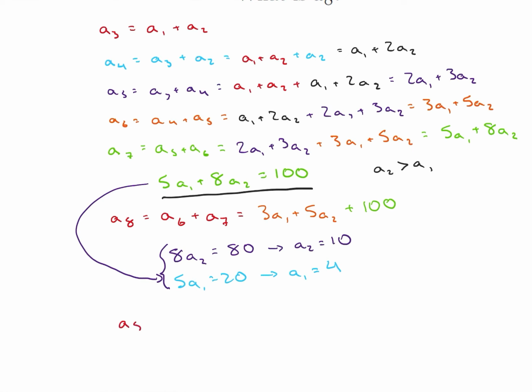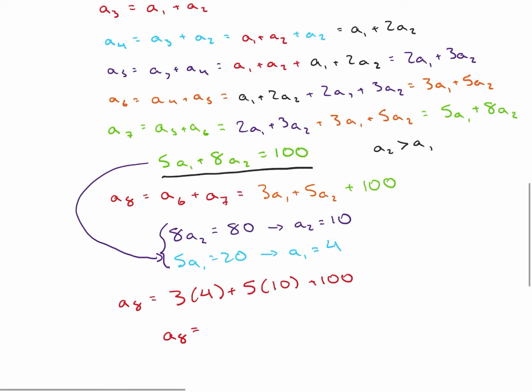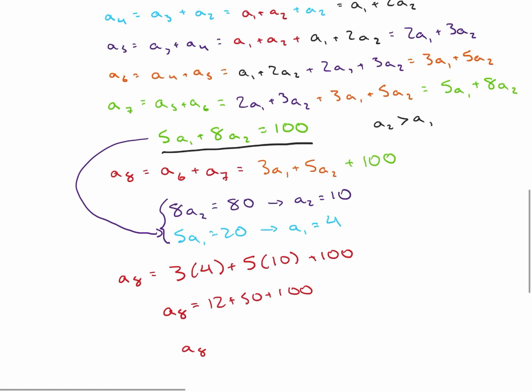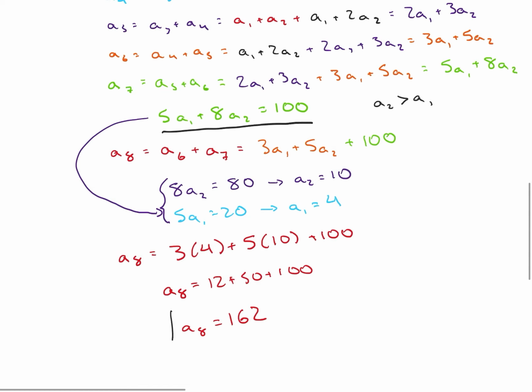So if I look at A sub 8, that's going to give me 3 times my A sub 1, which is 4, plus 5 times my A sub 2, which is 10, plus 100. So A sub 8 is going to be 12 plus 50 plus 100, which is 162.